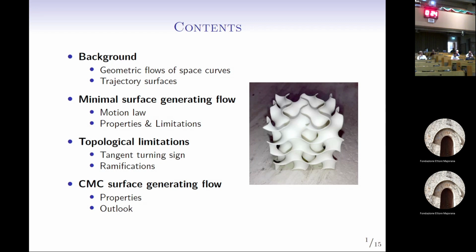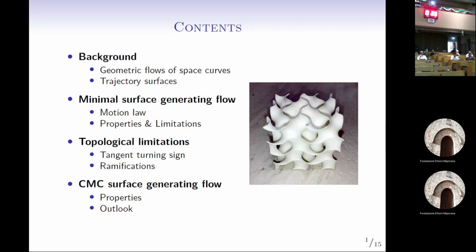But in this talk, we will be talking about a different way to generate, in this case, minimal surfaces, but in general, different types of surfaces, and that's by tracking trajectories of space curves as they move subject to some geometric motion law.